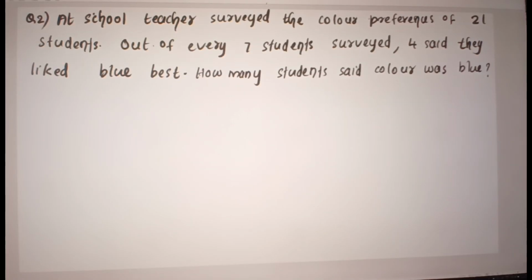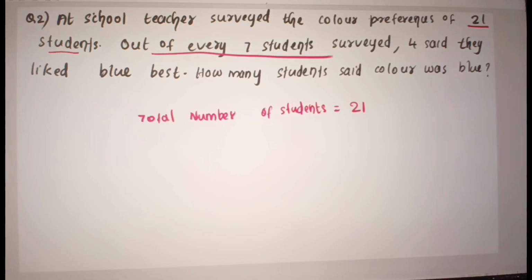Next question. At school, teachers surveyed the color preferences of 21 students. So what is the total number of students? The total number of students is 21. Out of every 7 students surveyed, 4 said they like blue. So what does that show? It is a fraction. So how do you write that fraction?